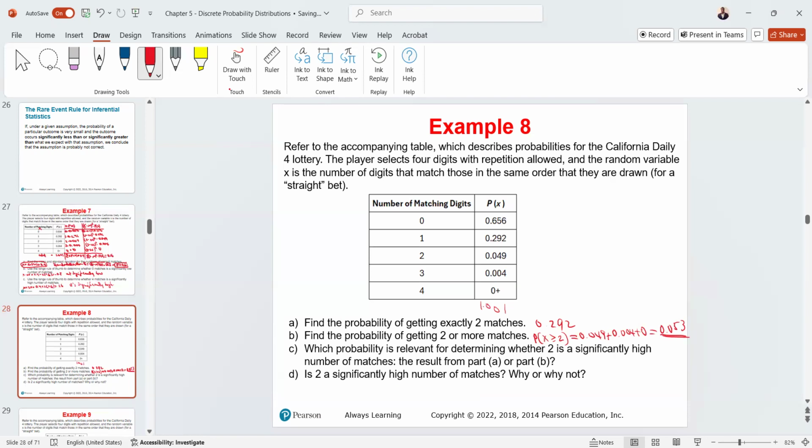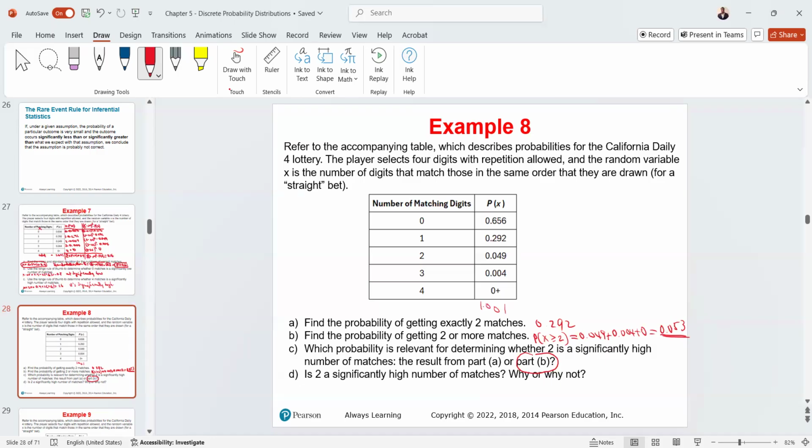They could say less than 2. Which probability is relevant for determining whether 2 is significantly high? Remember, it must be less than 5%. So is it less than 5%? The probability from part B, since it's the probability of getting the given or more extreme results, is relevant to a significantly high number of matches.